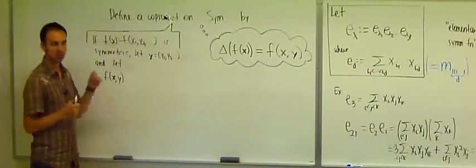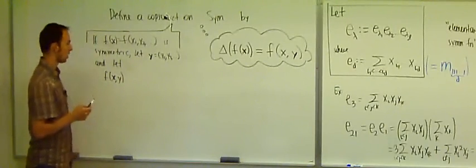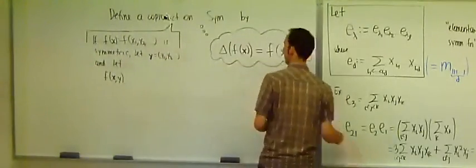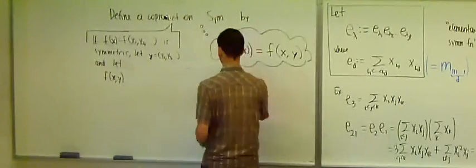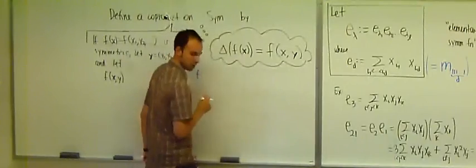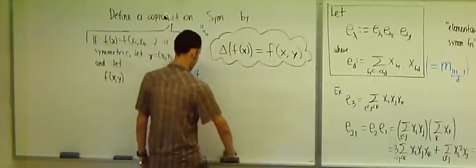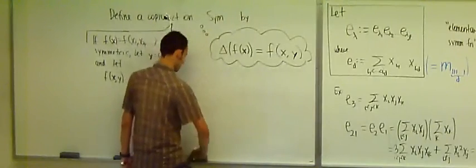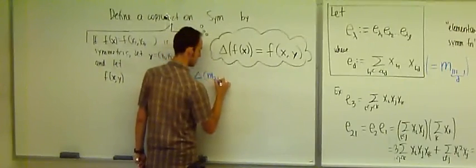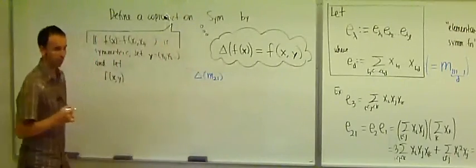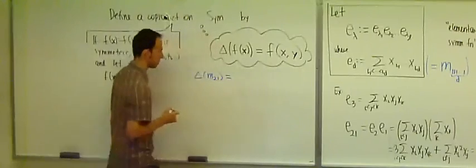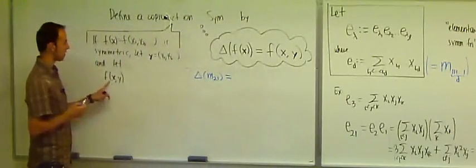Okay, and I'm going to do an example of this in a second. In fact, I think maybe we should just do one now so that you see what I'm talking about. So let's say that my function is the monomial symmetric function m21. Okay? So I want to figure out what this is. And so what I'm saying is plug in x and y.